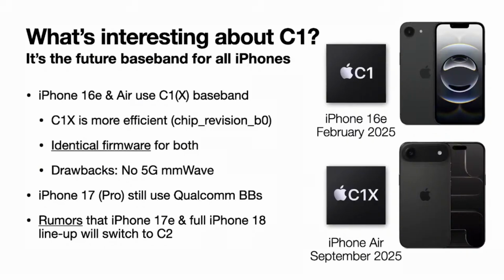It was unveiled in February, and the iPhone Air, unveiled in September, introduced the more efficient C1X baseband. Maybe it has a more efficient silicon, or is using a better build process, because the firmware for both basebands is exactly the same. The iPhone 17 and iPhone 17 Pro still use Qualcomm basebands to support millimeter wave. And that's almost about it.